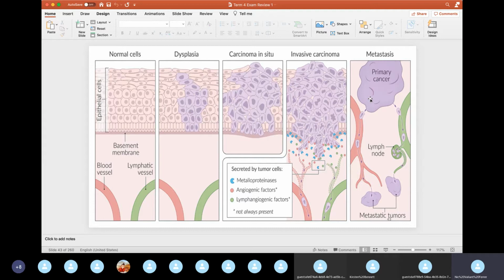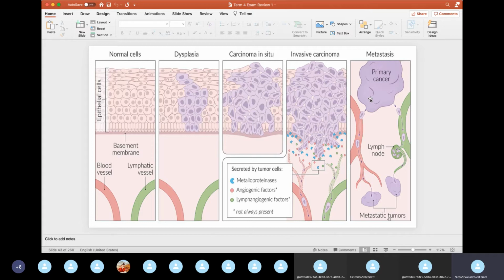Let's summarize. Normal cells have apical polarity. If the irritant persists, it becomes dysplasia. You have pleomorphism; think about increased nuclear cytoplasmic ratio. If the irritant is still there, it progresses to carcinoma in situ, which is pre-invasive. It involves the entire thickness of the epithelium.